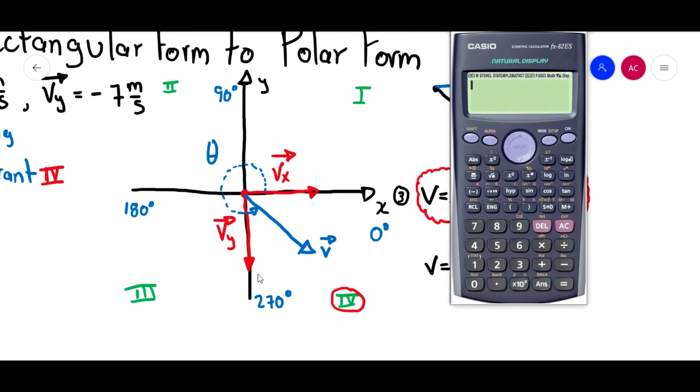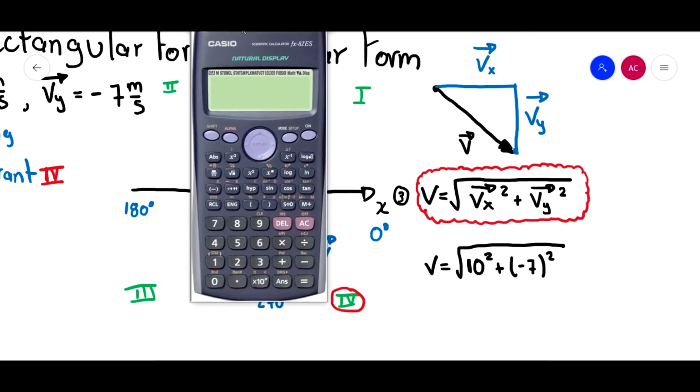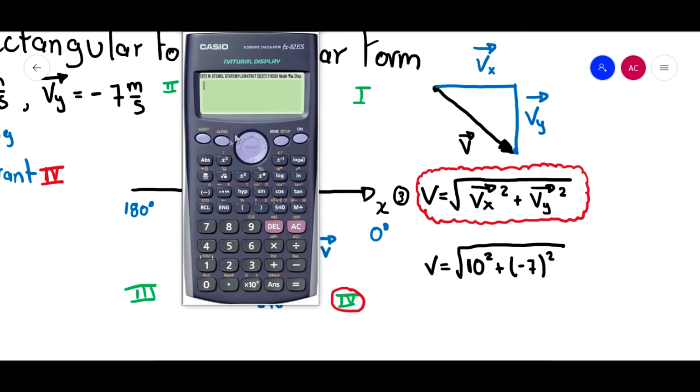I have this calculator with me, so I can show you. I'm going to use this button, the square root. So 10 squared plus parentheses minus 7 squared, and then I hit the equal button. So it's the square root of 149.